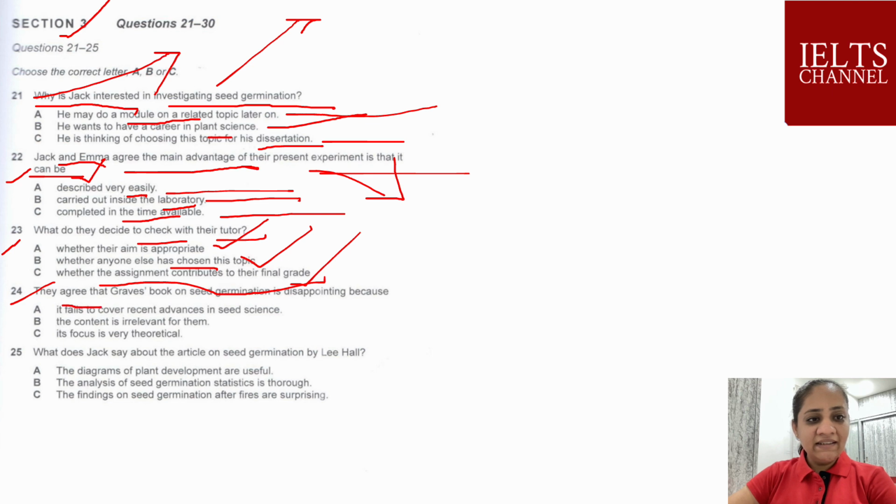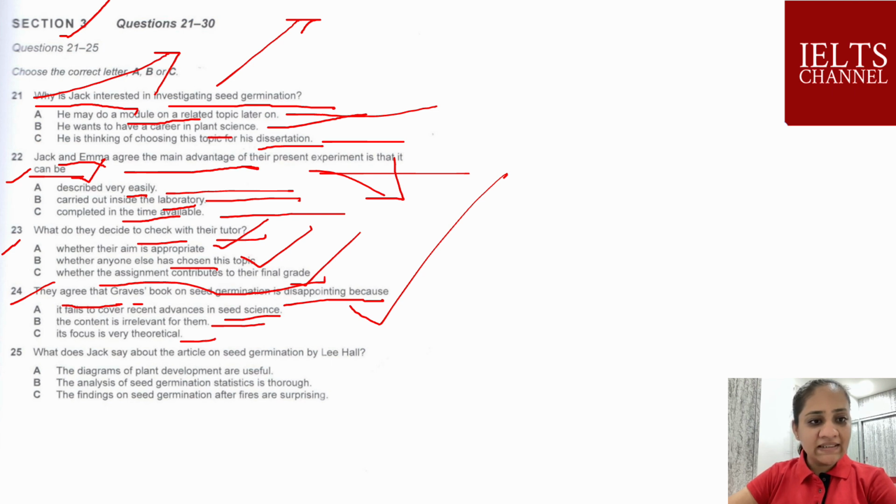They agree that the Graves book on the seed germination is disappointing because why? That means you have to focus on the reason. So here Graves book is your keyword and seed germination is why it is disappointing. Okay, let's see the options. It fails to cover the recent advances in seed science. So seed science, the content is irrelevant, and it's focused very theoretically.